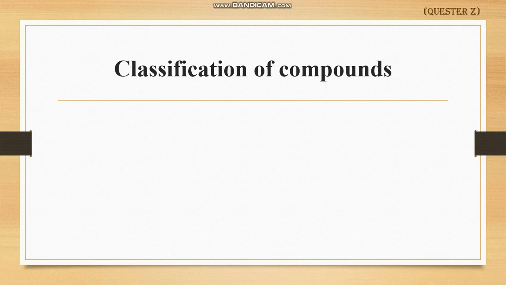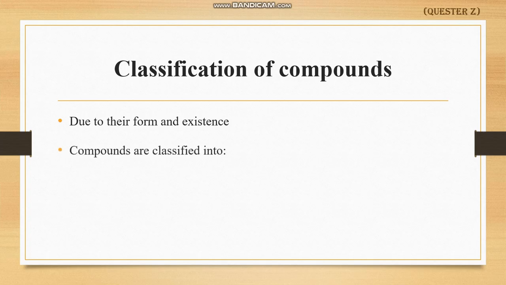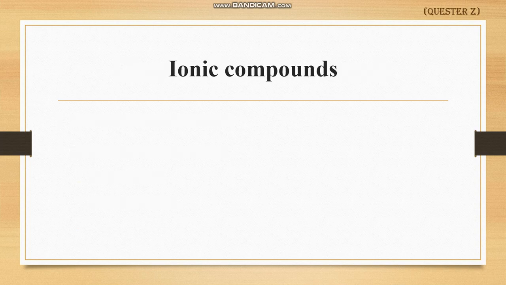So now the classification of compounds. While we talk about the classification of compounds, on the basis of their form and existence, compounds are classified into two classes or two groups: ionic compounds and covalent compounds. Now let's discuss both of these one by one. Ionic compounds. Ionic compounds do not exist in independent molecular form.